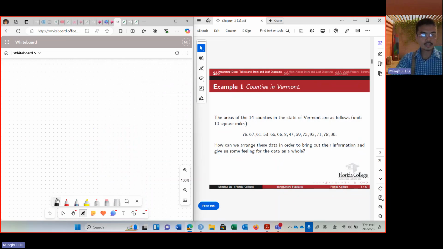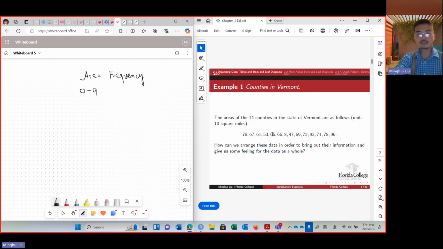So to start with, let's look at this data. We have the area, and also the frequency. Well, the area, we can divide it into groups such as from 0 to 9.